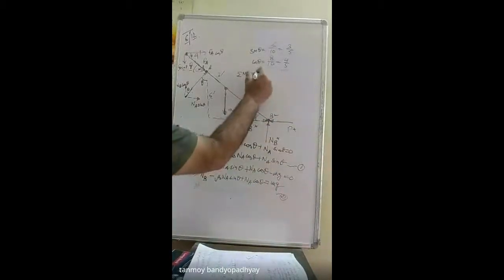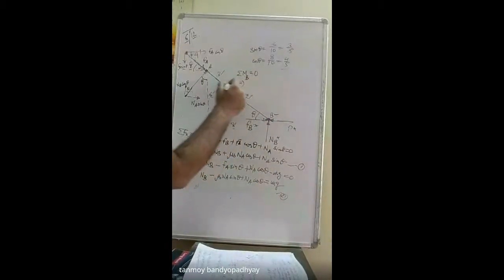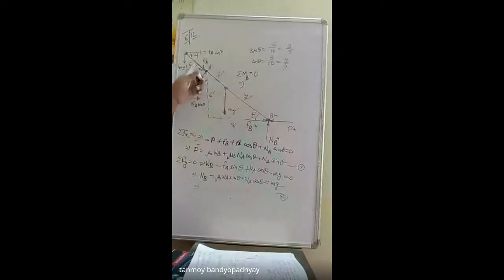So sigma m b is equal to 0, so what will be left with, so এখানে দেখো already FA also passes through B, so we are left with only the normal force, so এই ফোর্সটা থাকবে.